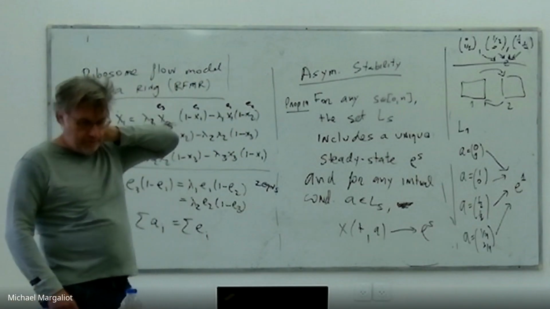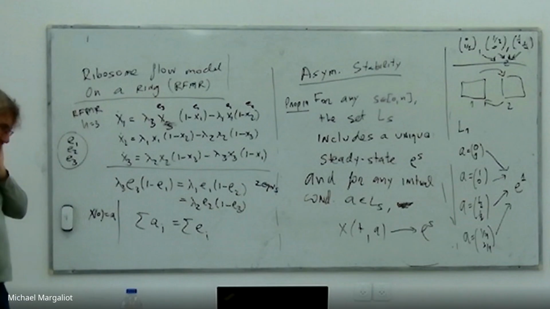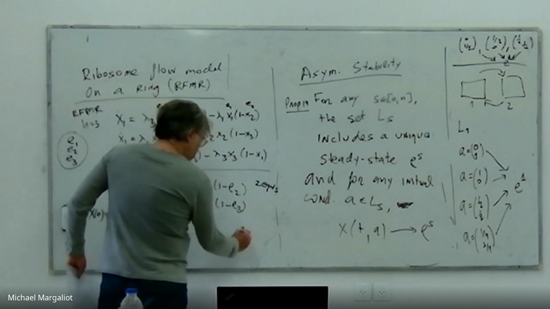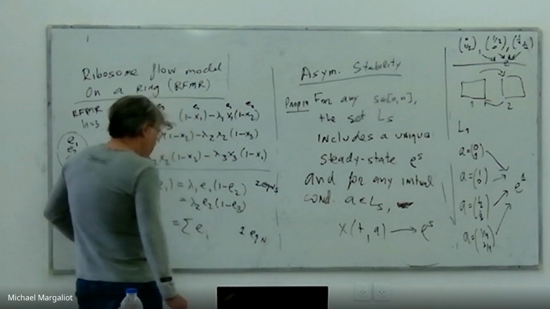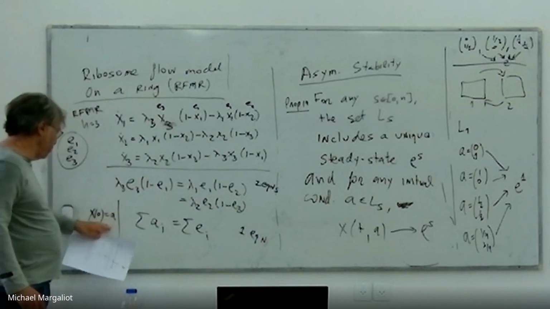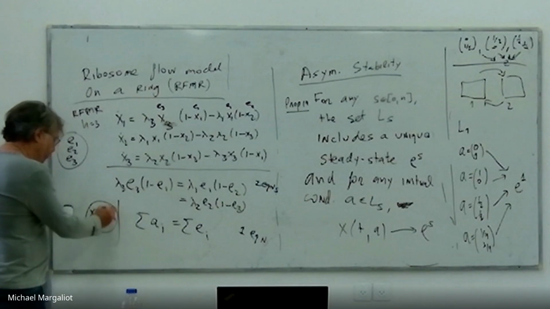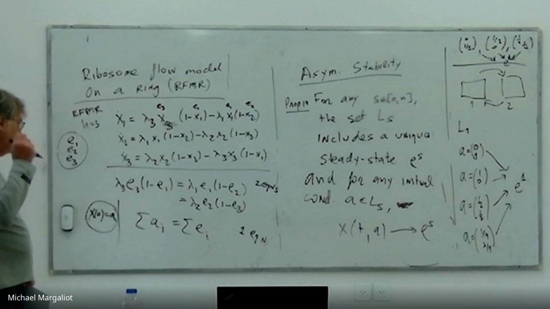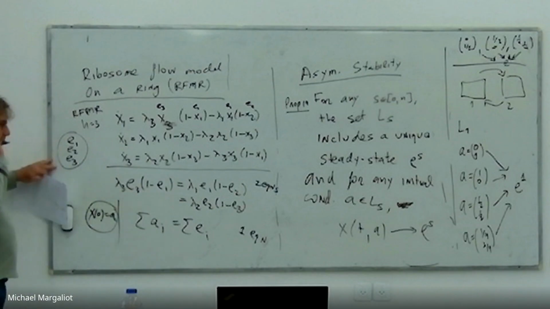And of course, the total density cannot change. So this gives me the third equation. And once I know the initial condition, for any initial condition, I take these 3 equations and I get 3 equations for 3 unknowns, and then I solve this and I get the steady state.